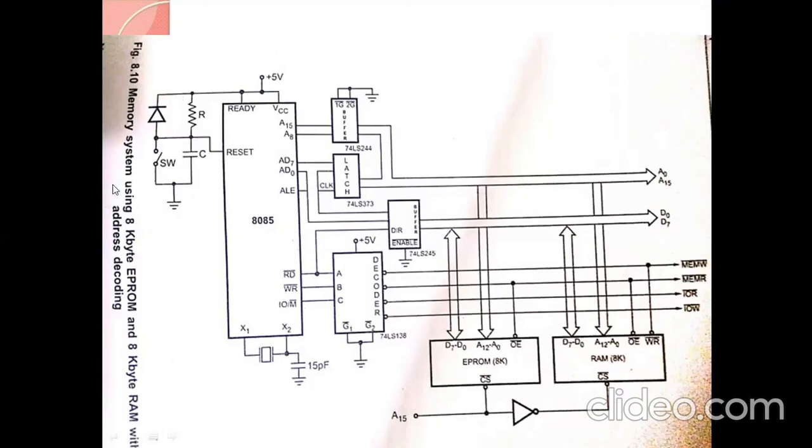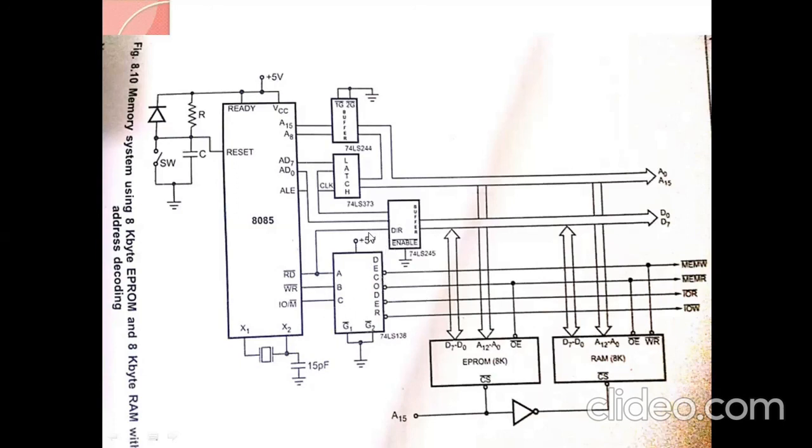This is the microprocessor. There is a buffer and a latch: the buffer is for input and the latch is for output. This is the address latch enable pin. When this pin is high, these lines act as data lines; when this pin is low, these lines act as address lines.